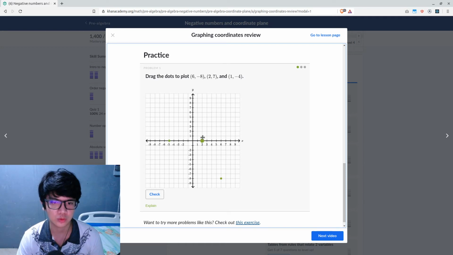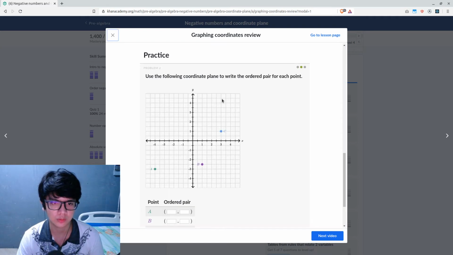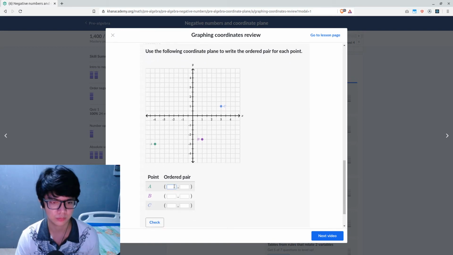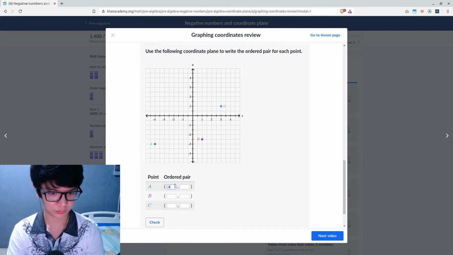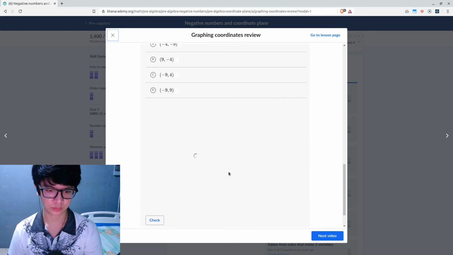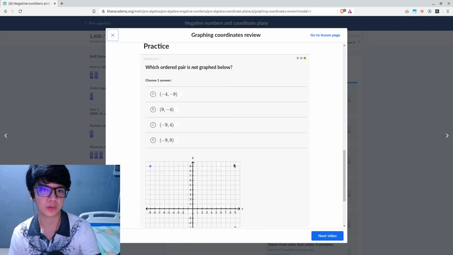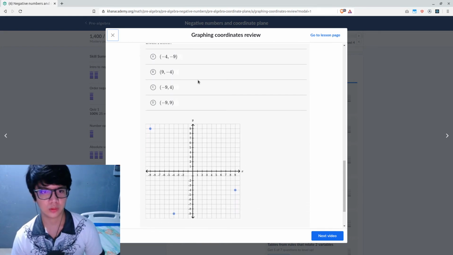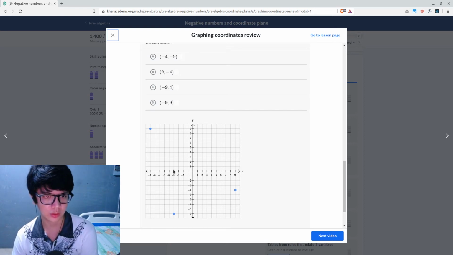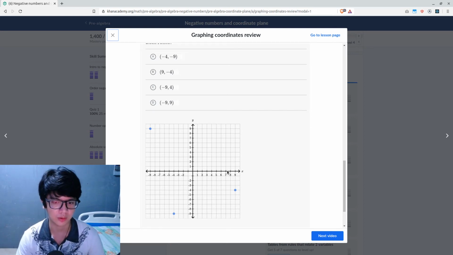We have 2 and 7. 1, negative 4. Which ordered pair is on the graph below? Okay, let's see. Negative 4, negative 9, positive 9, negative 4.